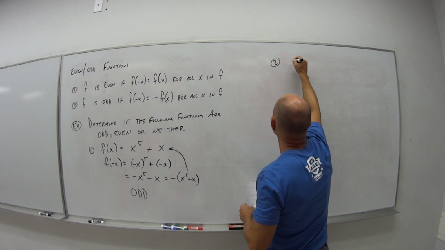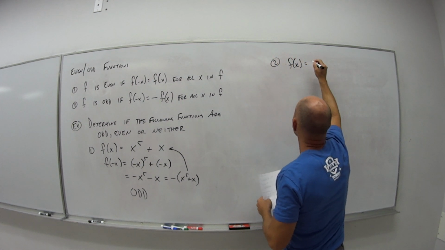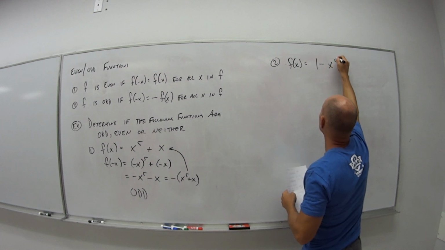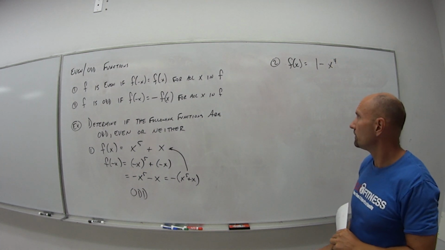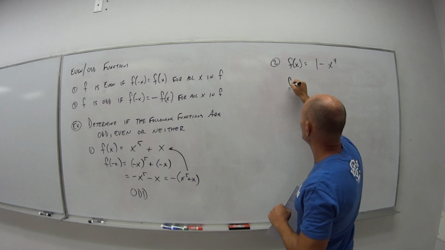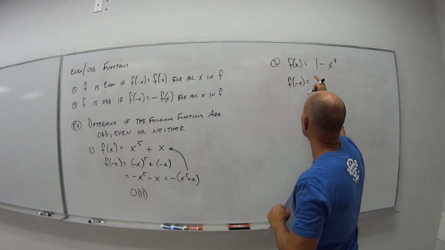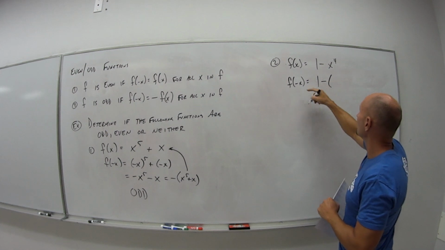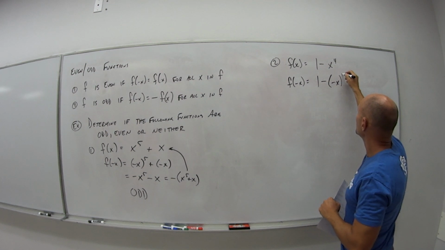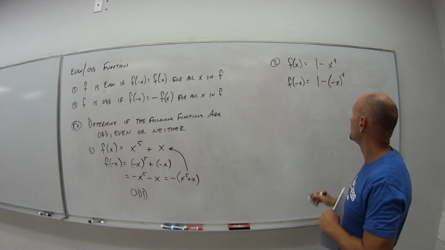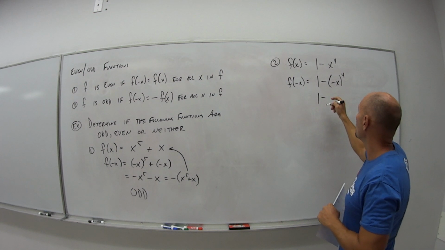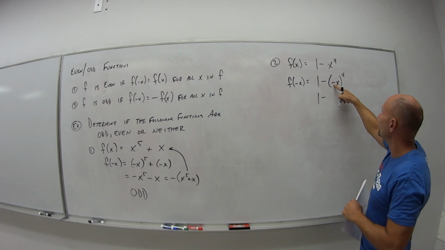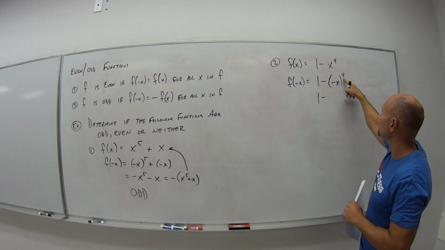What if I have f of x is equal to 1 minus x to the 4th? Have to do the same thing. Plug in minus x. So there's no x here, so that's 1 minus a negative x to the 4th power. So if I simplify, I get 1 minus, well, negative 1 to the 4th power is positive 1.